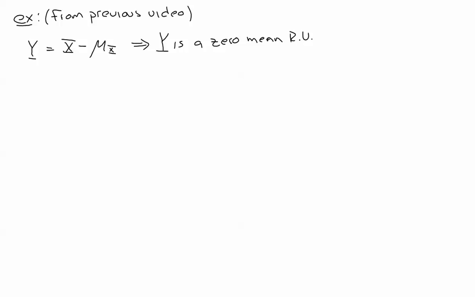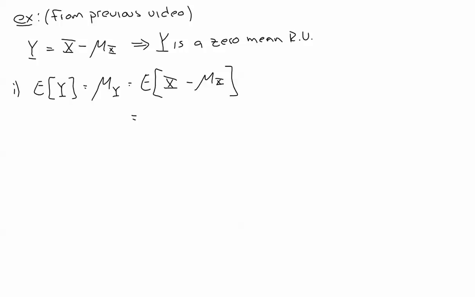We'll look at it a couple different ways. First of all, remember the mean value of y, which can be designated mu sub y, equals the mean value of x minus the mean of x.